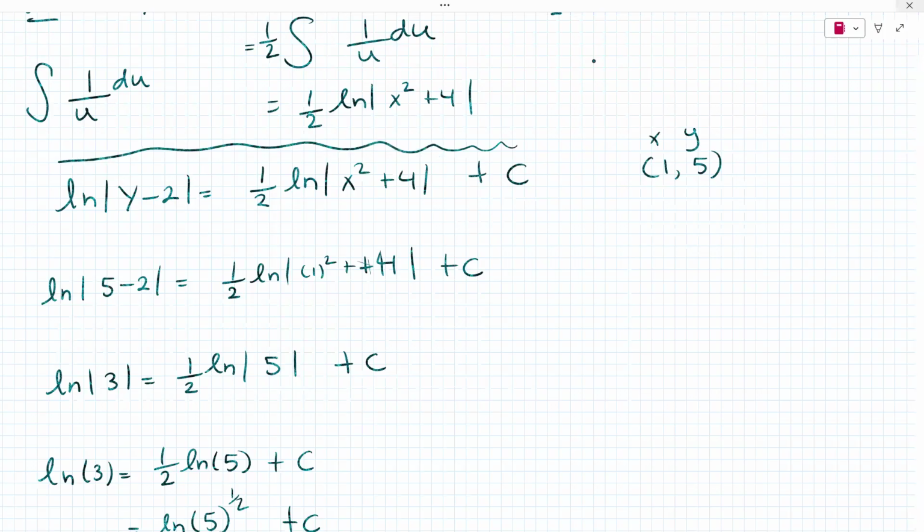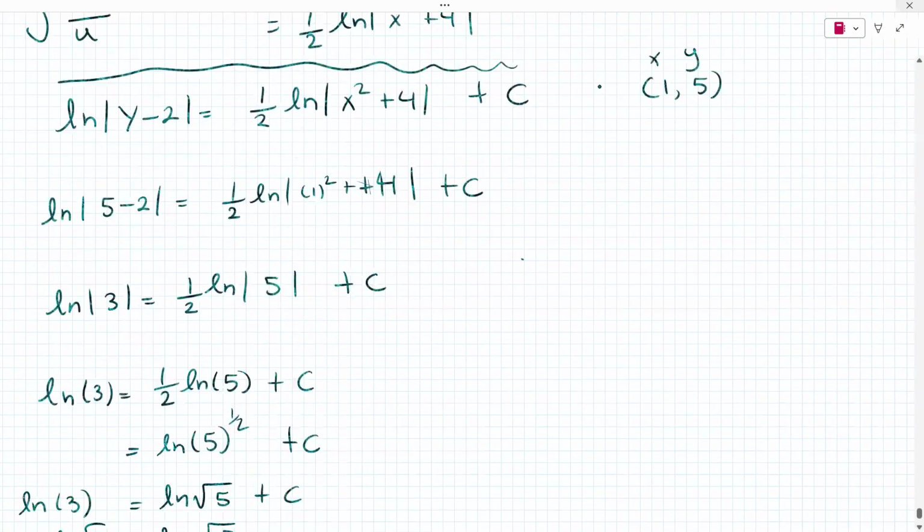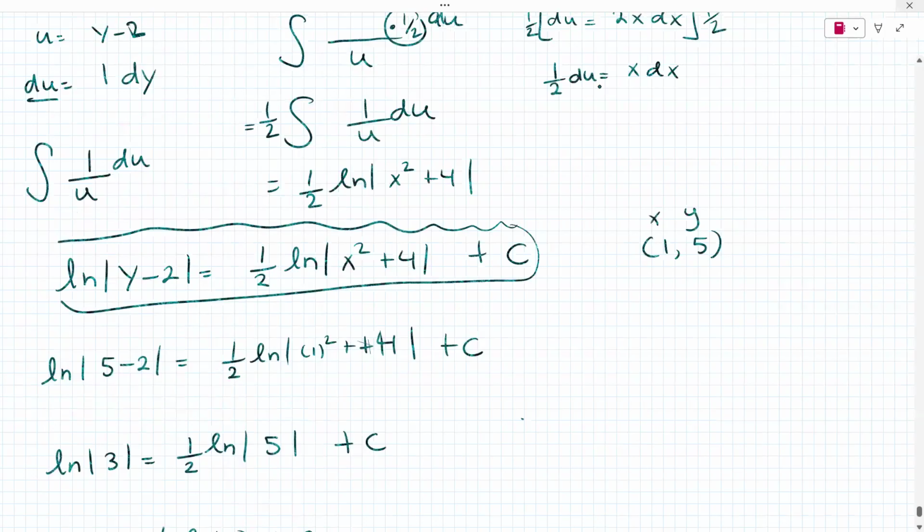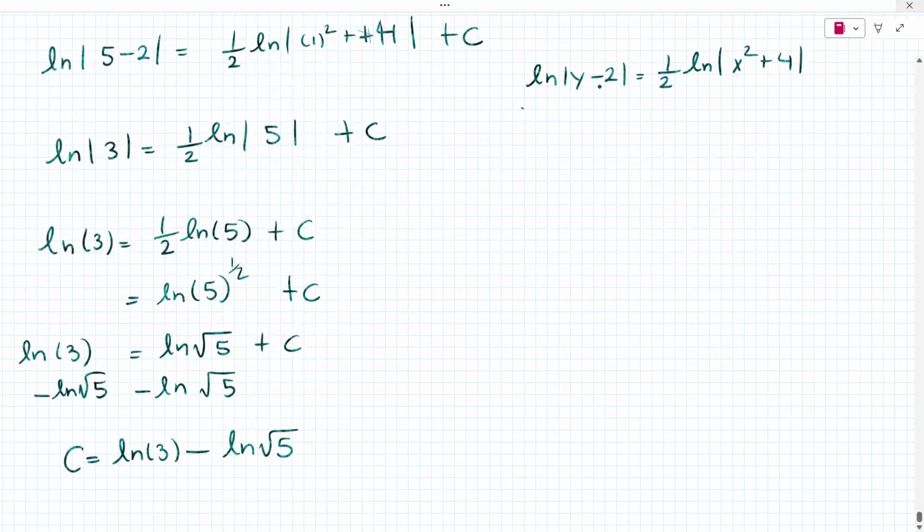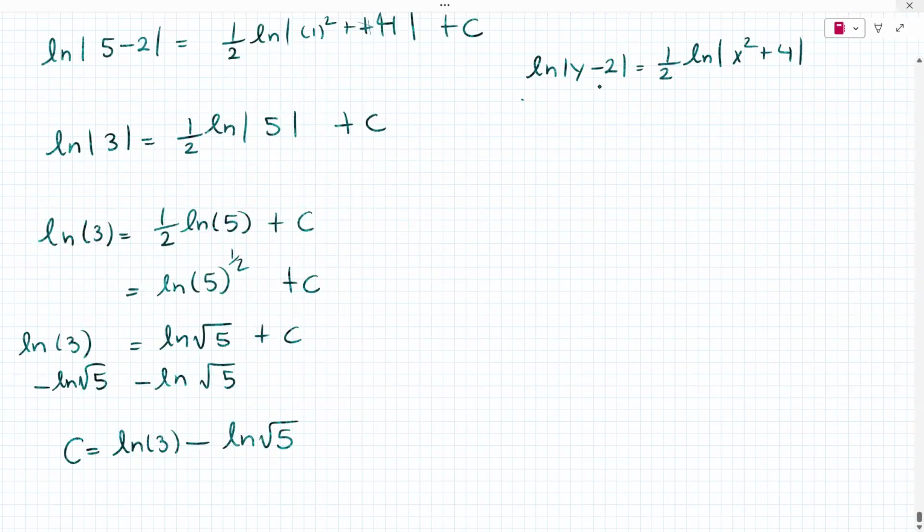Wait, we already solved for c, right? Yeah, so go back to here and then just plug in your c. So it's going to be ln of absolute value y minus 2 equals 1/2 ln of x squared plus 4. And then our plus c is ln of 3.